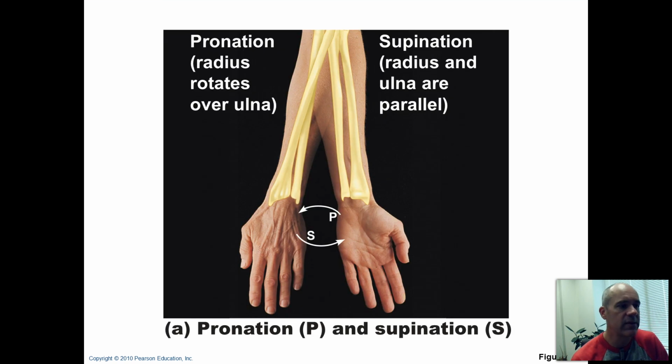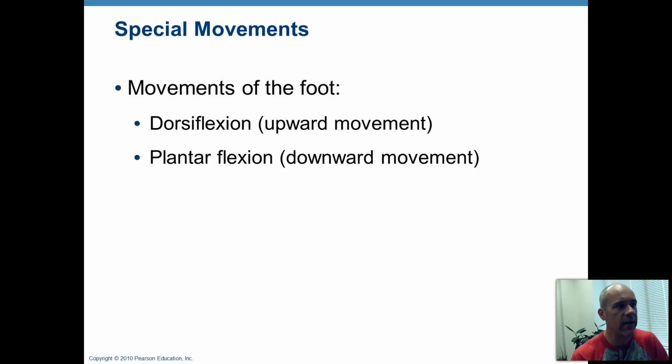So you'll hear those terms in that way as well. Okay, and here's a picture from your textbook, which is showing you the rotation over the ulna to move your forearm into a pronated position, or rotating it back the other way to end up in a supinated position. And we'll talk about the skeletal muscles that allow that movement, that motion to take place.